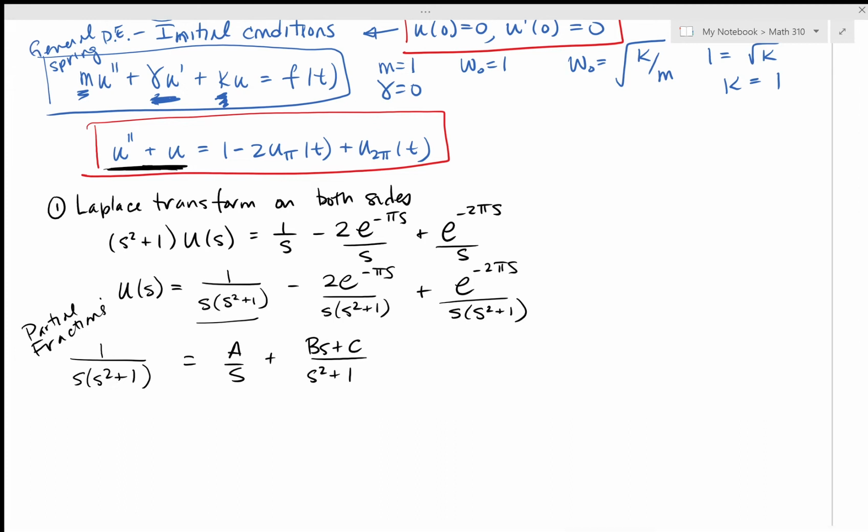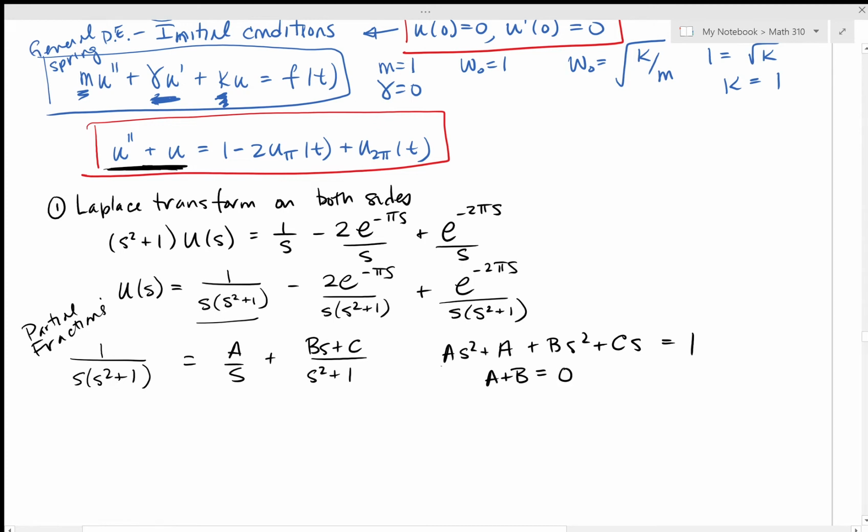Okay, so then I see that I have As squared plus A plus Bs squared plus Cs is equal to 1. That's make the denominators the same, so therefore the numerators need to be the same. So I end up with a plus b is equal to 0.